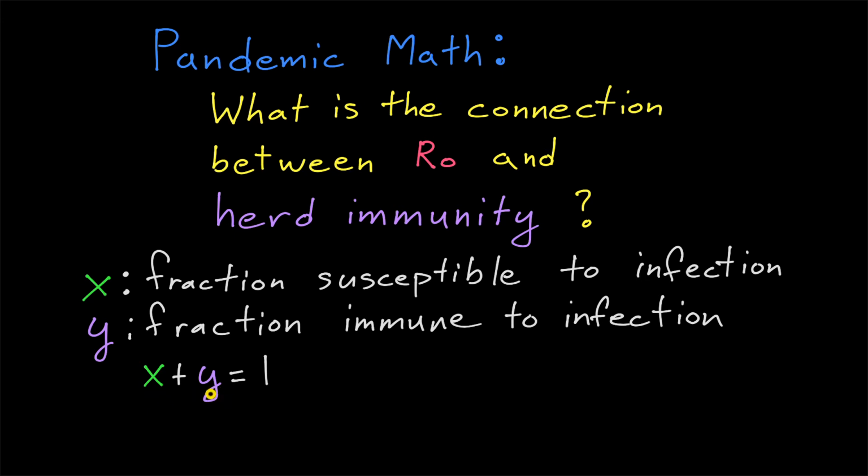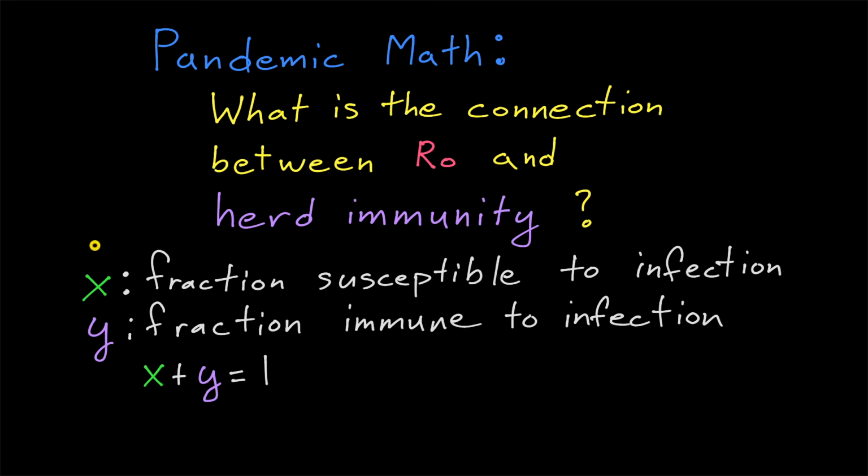Y, on the other hand, is the fraction that cannot be infected. So the fraction of people that can be infected plus the fraction of people that cannot be infected must, of course, be equal to 1. Because the percentage that can be infected plus the percentage that cannot be infected must be equal to 100% of the population, and the decimal representation of 100% is just equal to 1.